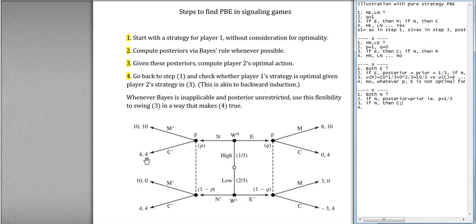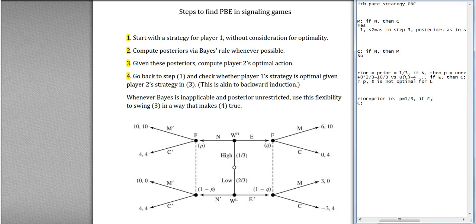Now let's consider the other possibility, that the firm observes that the job applicant is educated. In this candidate equilibrium, this is something that nobody ever does. Everybody chooses not to get educated. So you're stumped here, and there is no restriction. So if E, then the posterior Q is unrestricted.